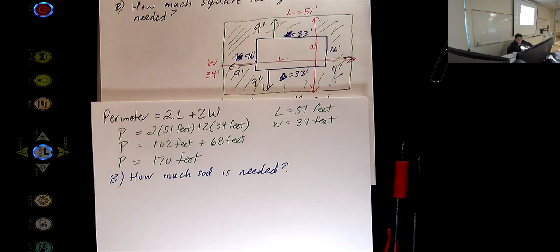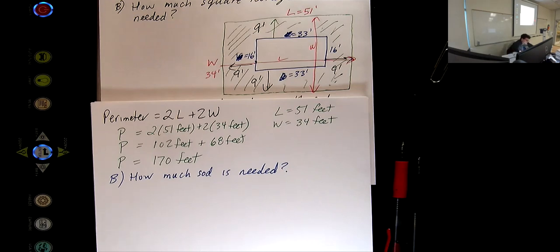I'm looking for that shaded green area. There are a few ways to go about it, but there are 2 easy ways. What way would you recommend, Mason? I'd say 9 times 51 and then 9 times 16, and then multiply those by 2 and put those together.